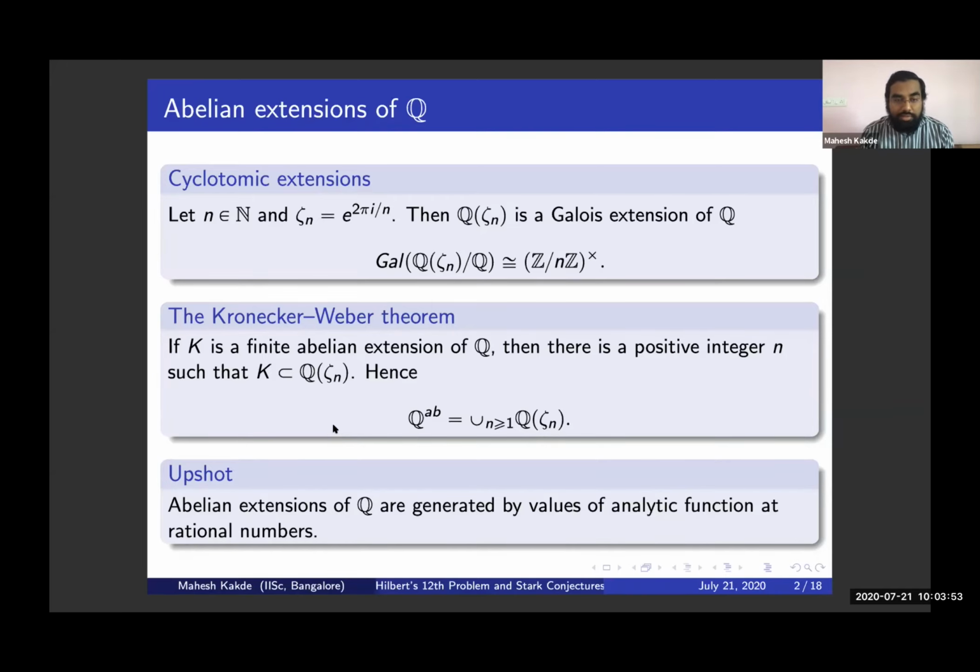The upshot is that all abelian extensions of Q are generated by values of analytic functions at rational numbers. The function is e^(2 pi i x). If you put x equal to a rational number, you get a root of unity, and you adjoin all those values and you get abelian extensions of Q.